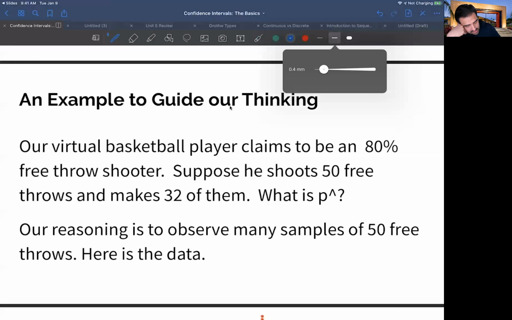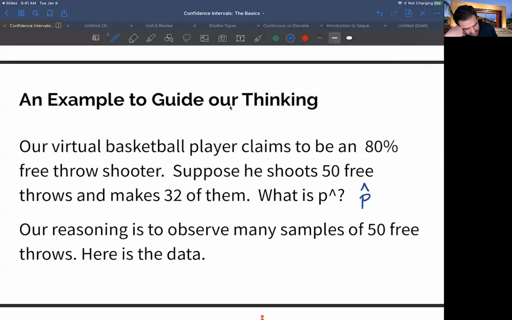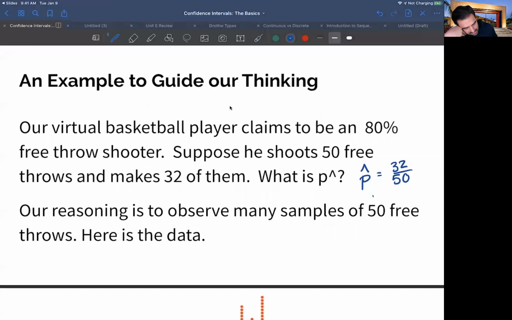Well, we know p-hat, this one sample of 50, he made 32 of them. Making 32 of them, p-hat is 64%. So he's claiming that he has an accuracy of 80%, but based off of the 50 that we just looked at, he had an accuracy of 64%.